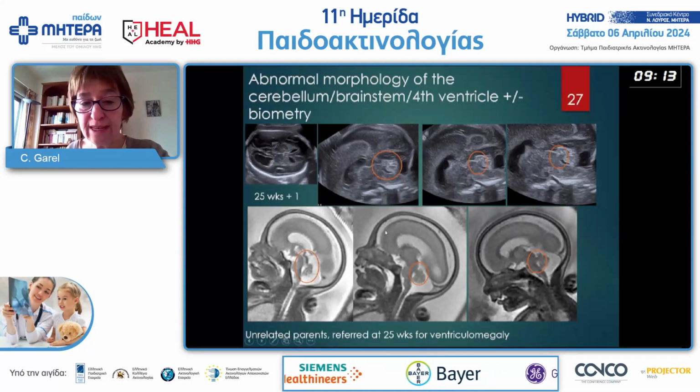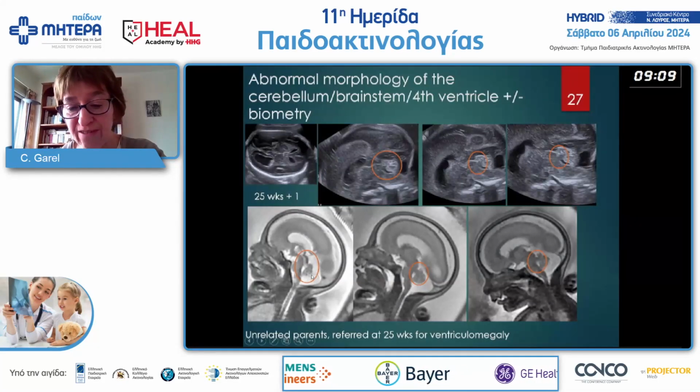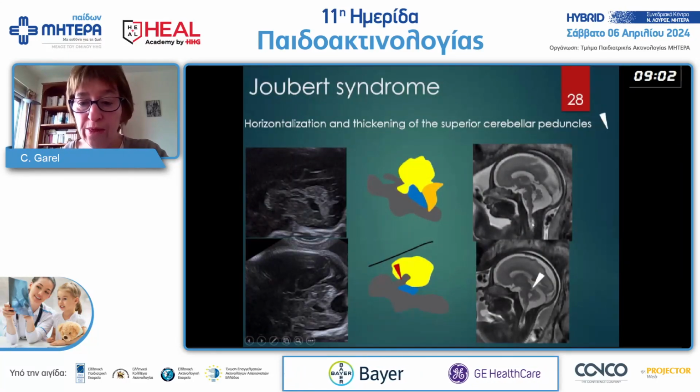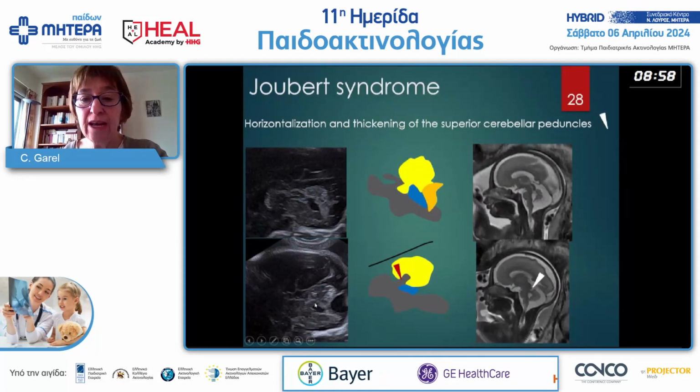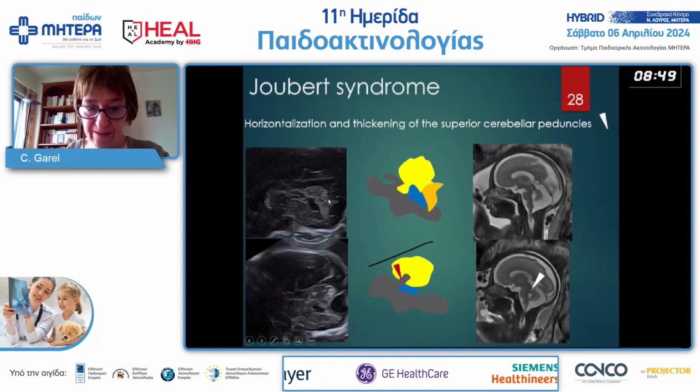And also you notice that the vermis is completely abnormal. There is a vermian dysgenesis. So you have recognized the main features of Joubert syndrome with horizontalization and thickening of the superior cerebellar peduncles, and also the abnormal shape of the fourth ventricle and the abnormal vermis.